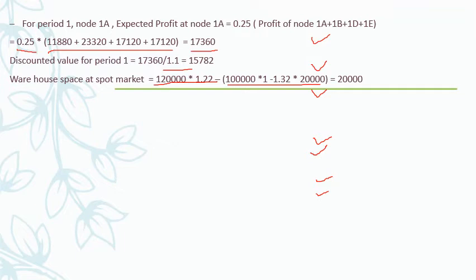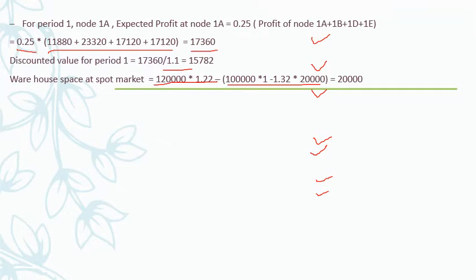Why remaining 20,000? Because the total demand at 1A is 120,000 units. So up to 100,000 units, it is 1 rupee per square foot. For the remaining 20,000, the prevailing market rate, spot market rate. What is the spot market rate? 1.32. Multiply that. Those values are given within the nodes, that you can see very clearly. And finally we end up with 20,000.